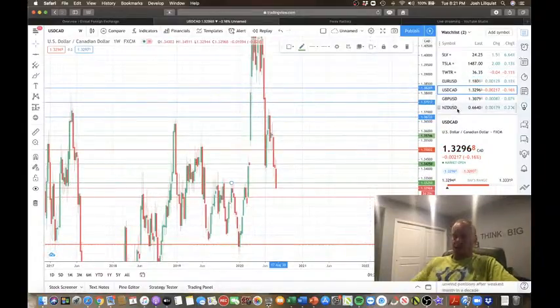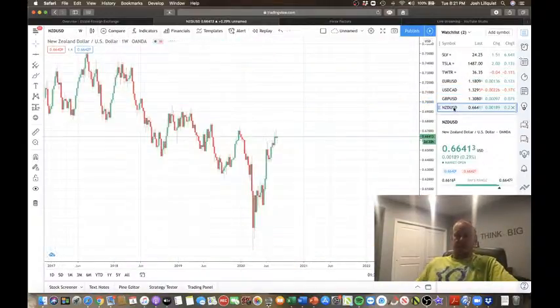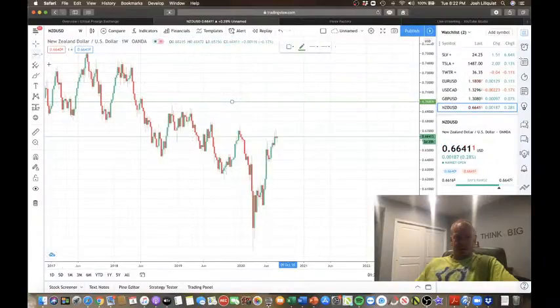One more pair we're going to look at today before we go is the New Zealand dollar. Let's build this out. Right now we've got 70 cents, close enough for today, and 60 cents.